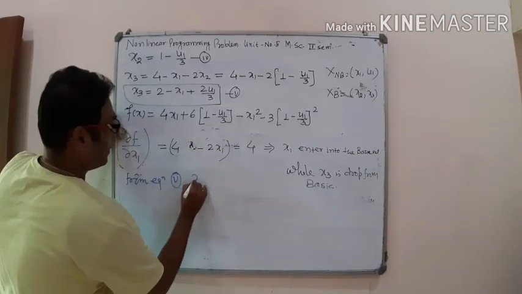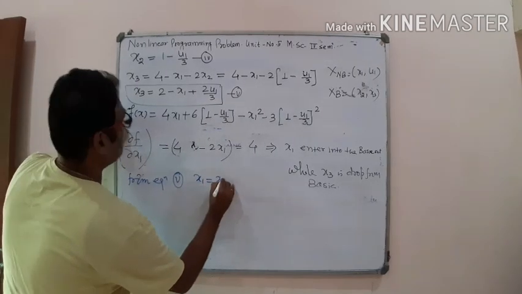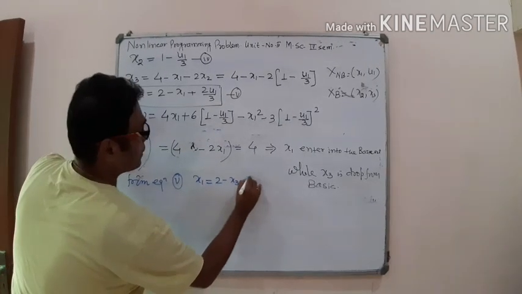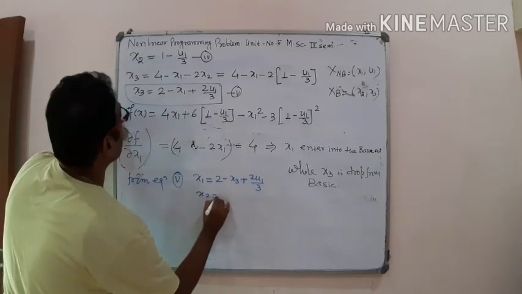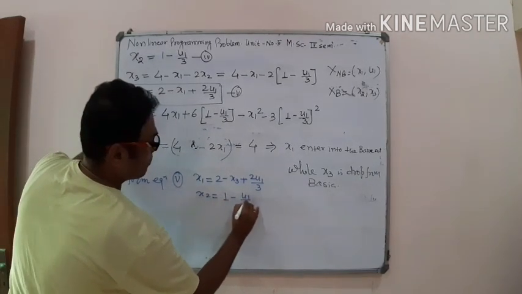we write down the expression: x1 is equal to 2 minus x3 plus 2u1 upon 3, and x2 is again the same, u1 upon 3.